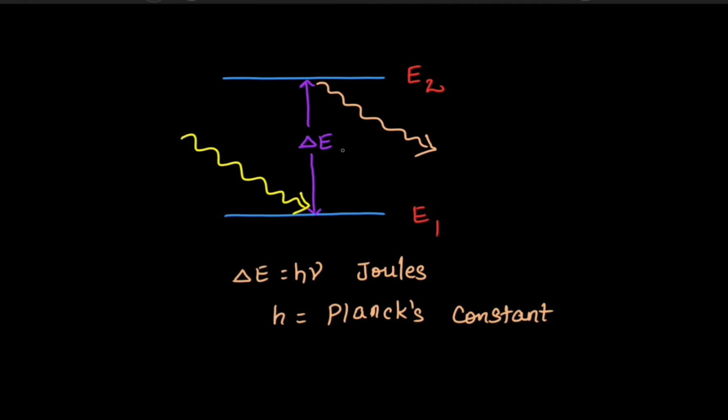Well, these transitions, whether it could be an upward transition or a downward transition, they form the basis of a rule called a transition rule. This transition rule is popularly called in chemistry the selection rule.